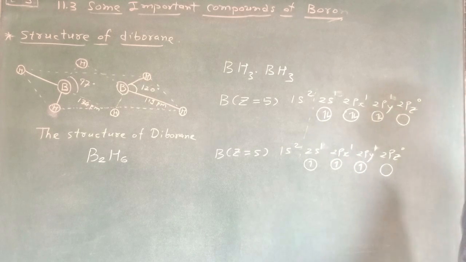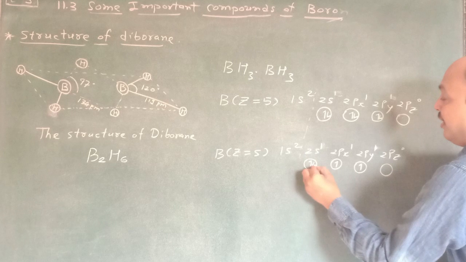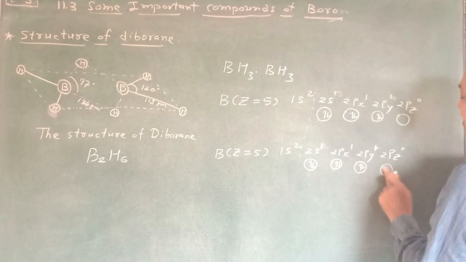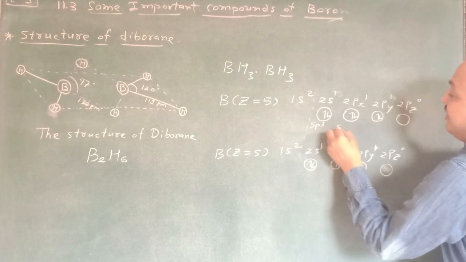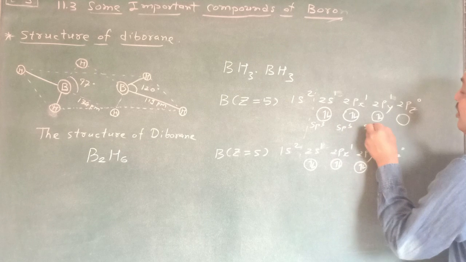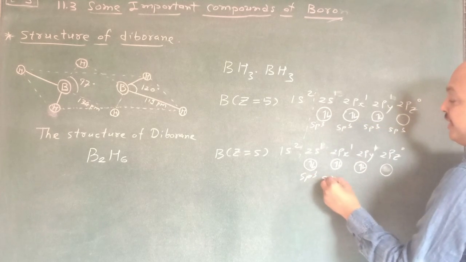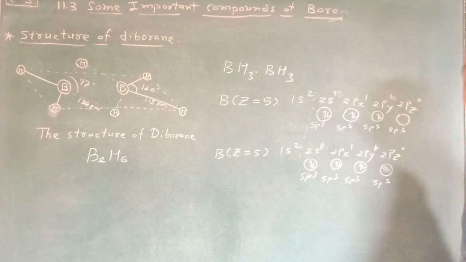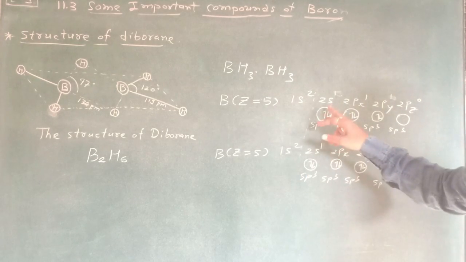So now it is not the 2s orbital or the 2p orbital, but it is considered as sp3 hybrid orbital. This is sp3, this is also sp3, and all of these are sp3 hybridized orbitals, which give electrons, sharing them between boron and hydrogen.